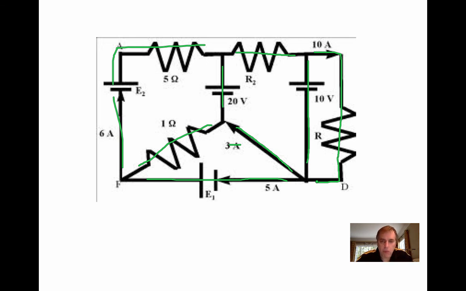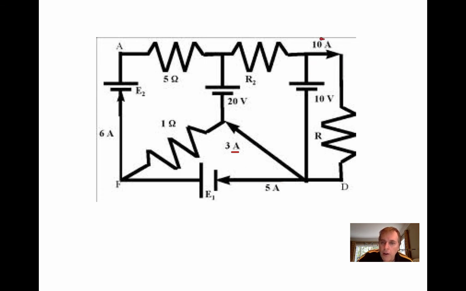Now we know the number of branches, number of junctions, and so on. Usually when we do a problem, we don't have the currents anywhere, but here they gave us partial information. We're told there's a current of 3 amps flowing here, that way, 5 amps going this way, 10 amps going that way.